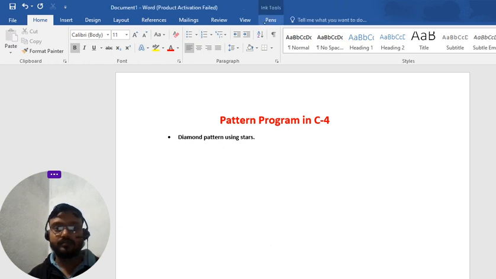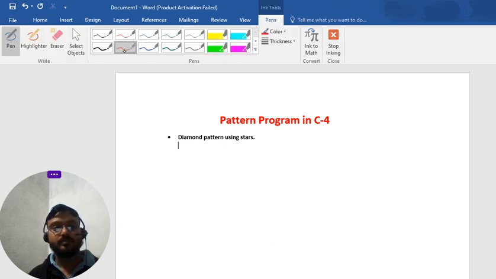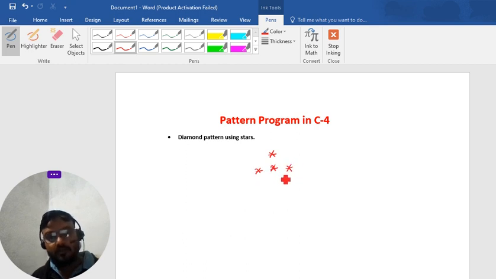So now the patterns will be something like that.